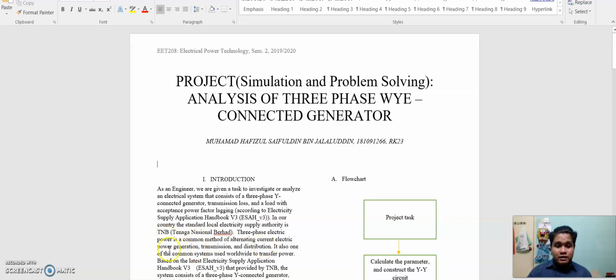The three-phase electrical power is a common method of alternating current electrical power generation, transmission, and distribution. It is also one of the common systems used worldwide to transfer power.